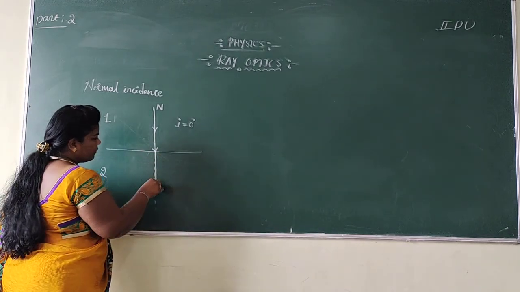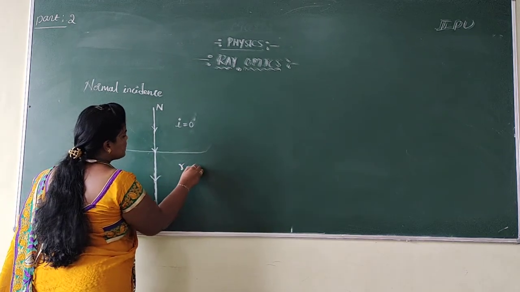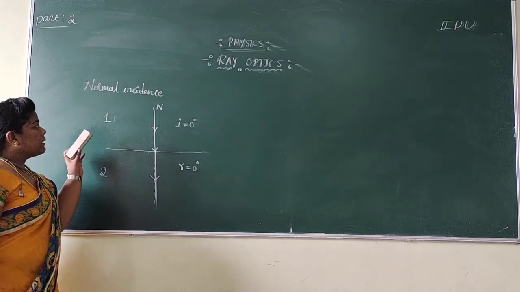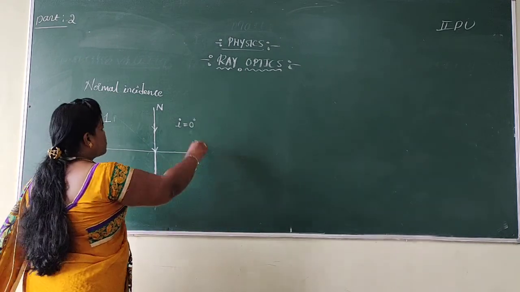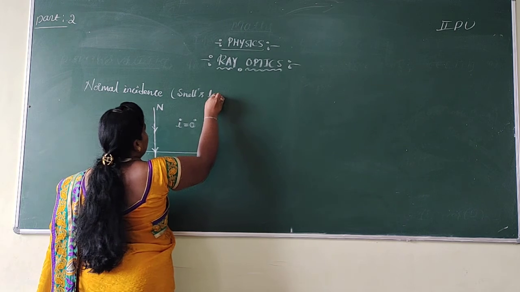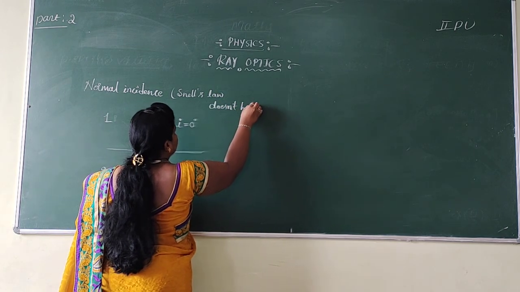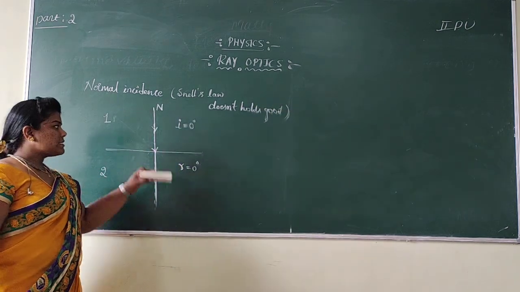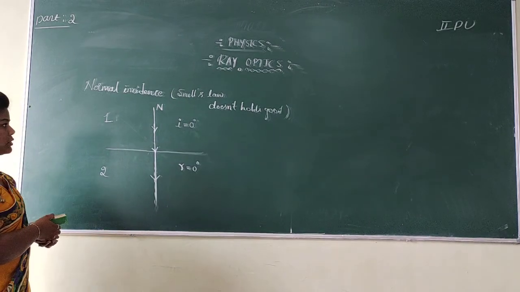It is not going to undergo any refraction, because it is normal incidence. The angle of incidence and the angle of refraction are both equal to 0. Keep in mind, for normal incidence there is no refraction. Snell's law does not hold good for normal incidence, because the angle of incidence and the angle of refraction are both equal to 0, my dear students.